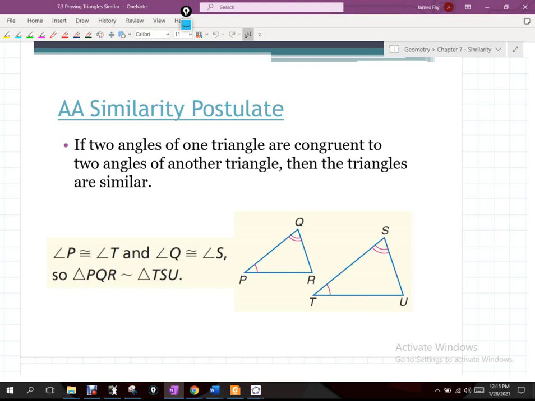Okay? Then the triangles are similar. And what that does for us is it allows us to generate similarity without ever having to deal with the proportional sides. So I can know now that 2 triangles are similar without ever having to deal with lengths.